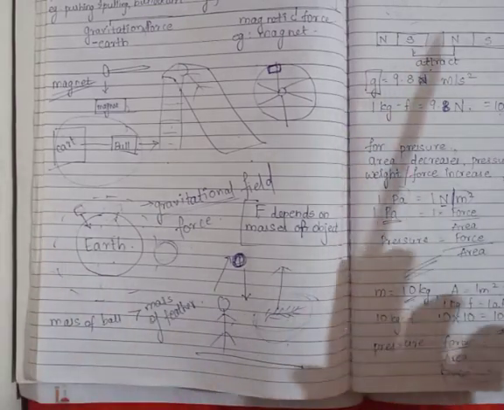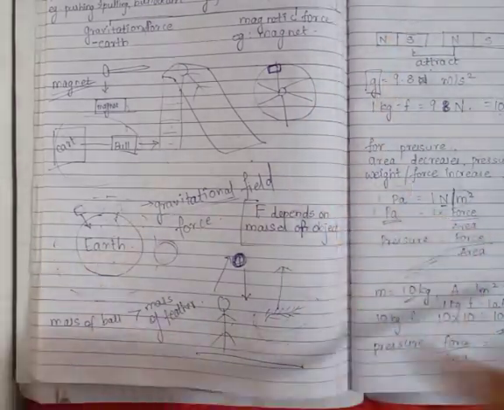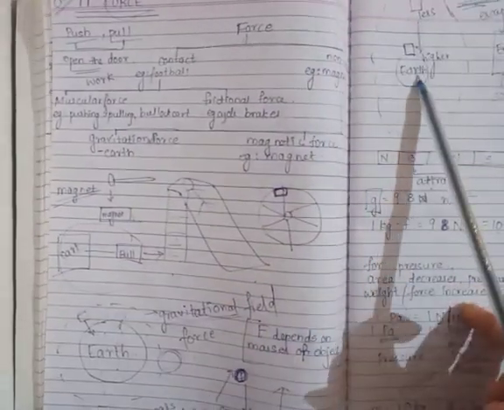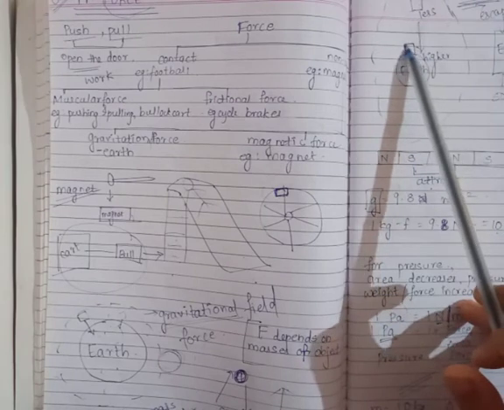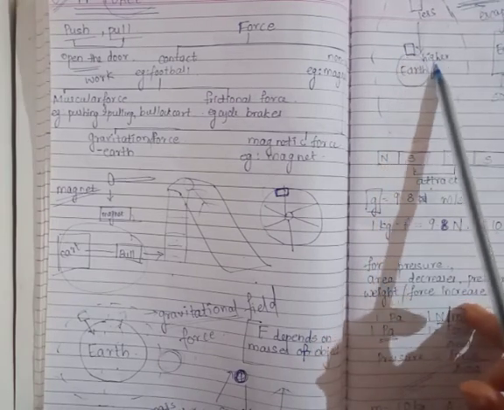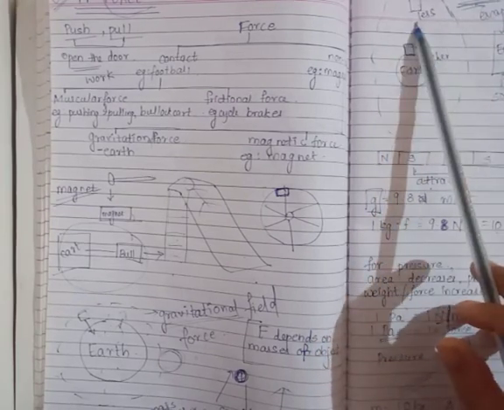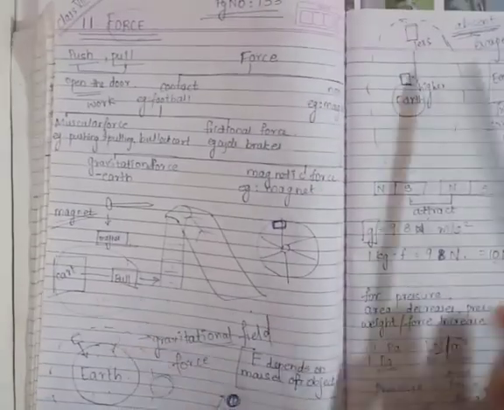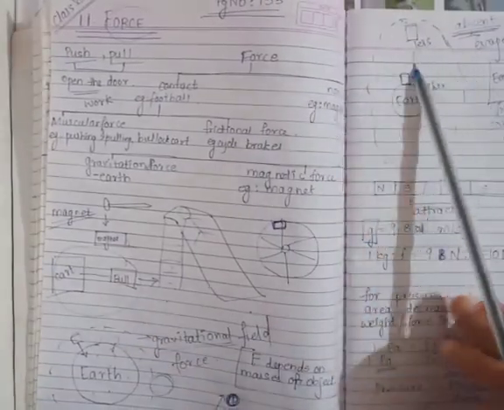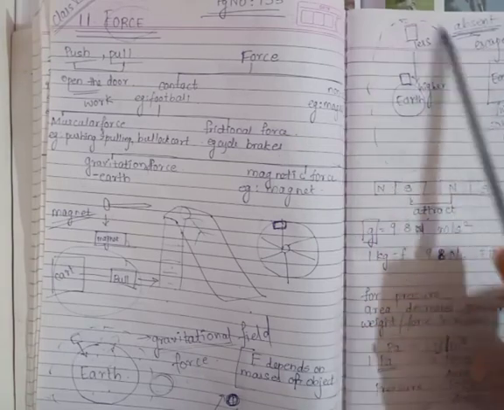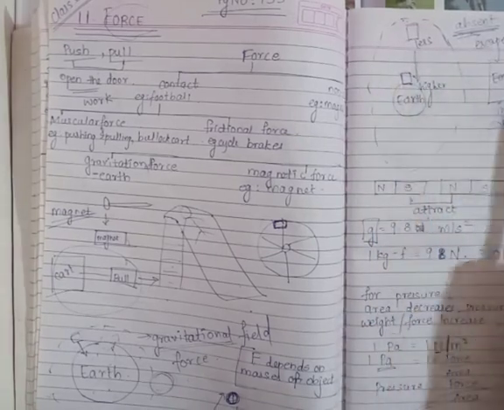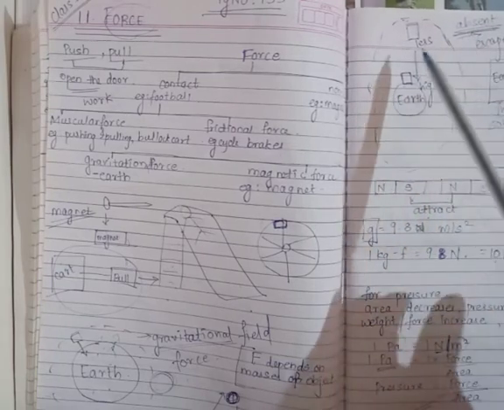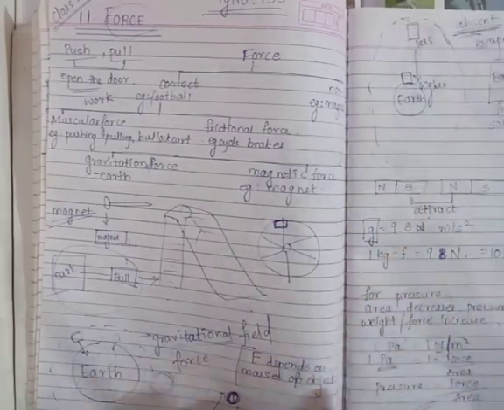If an object is at the surface of the earth, the gravitational pull will be higher. If it is above the earth, the gravitational pull will be less. And if it is above the gravitational field, then the gravitational field is absent. Here it is higher, here it is less, and here it is absent.